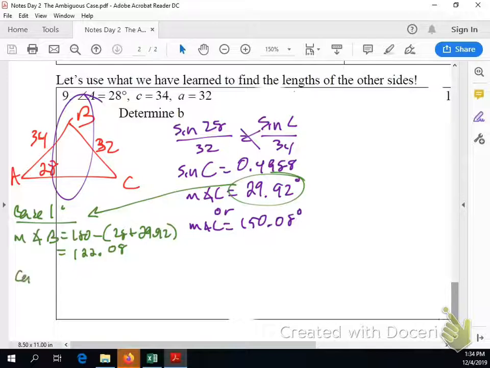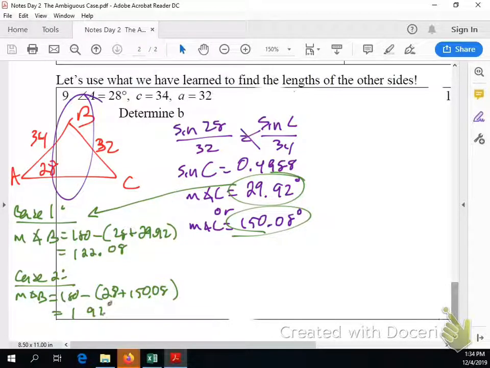Now, case 2 is when angle C is 150.08. And so the measure of angle B would have to be 180 minus 28 plus 150.08. That gives us 1.92 degrees. So it's another possibility for angle B.